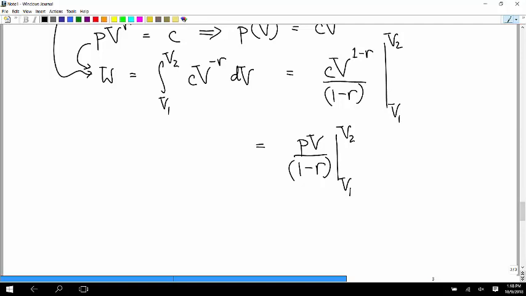And so now evaluate this at the limits. You have to evaluate the pressure at volume 2 also. So this is the pressure at state 2 times the volume at state 2 over this, minus the pressure at state 1 times the volume at state 1 over this. And so the final formula is P2 V2 minus P1 V1 all over 1 minus R.